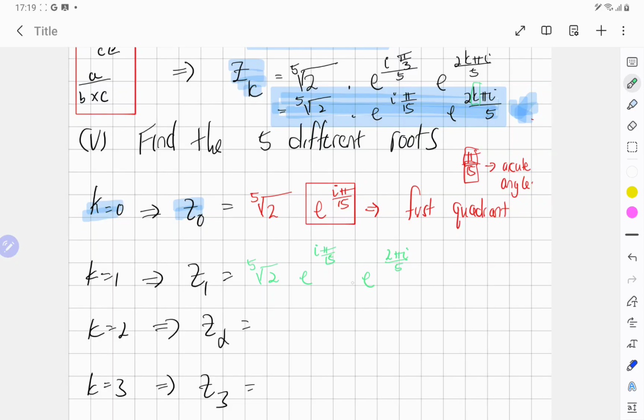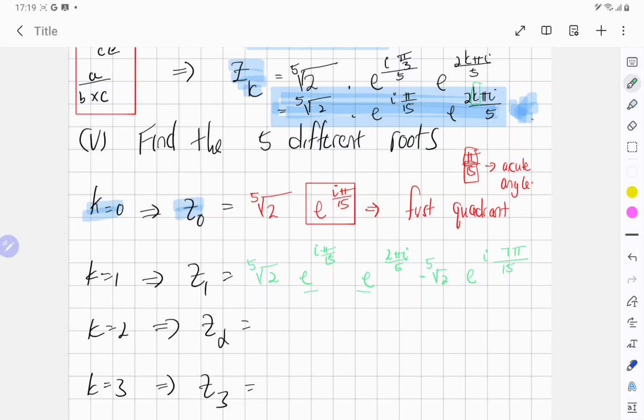And since my bases are the same, also from school, I will add the exponents. So what will I get? My LCD is 15. So I will get 7 pi i over 15.